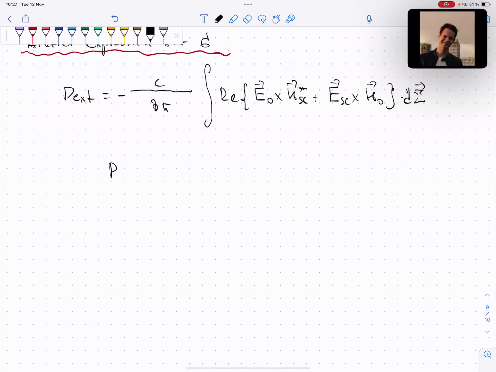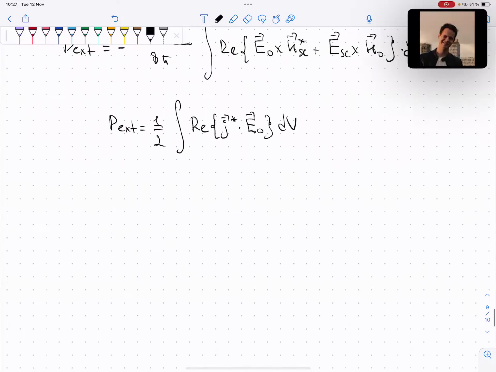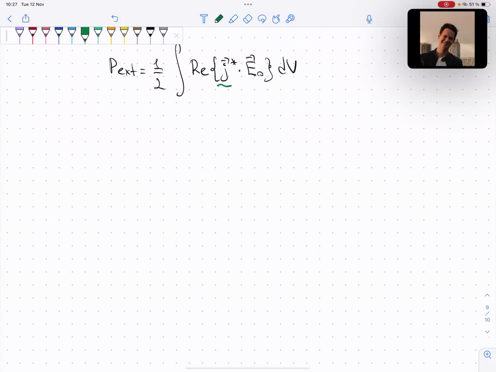We will show that we can write the extinction power as 1/2 the integral of the real part of the current multiplied by E0 integrated over the volume, where J is the current inside the scatterer.